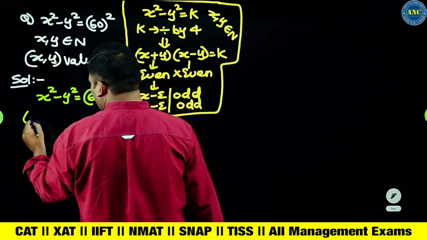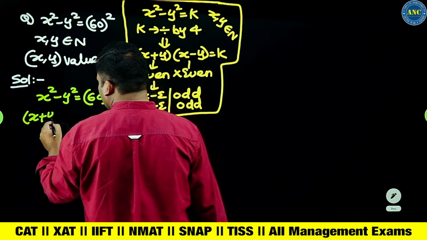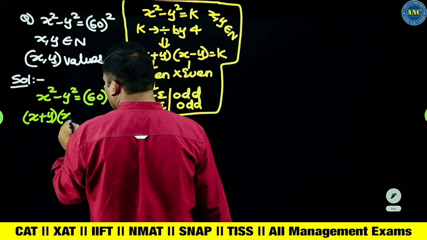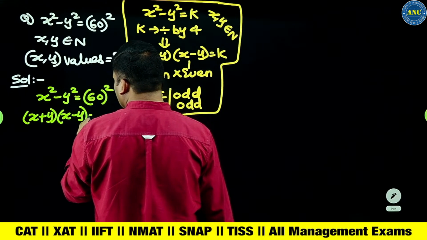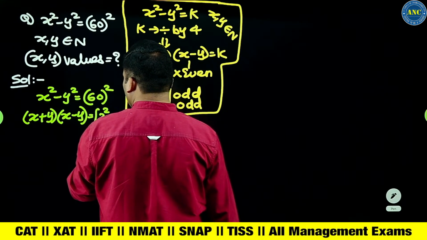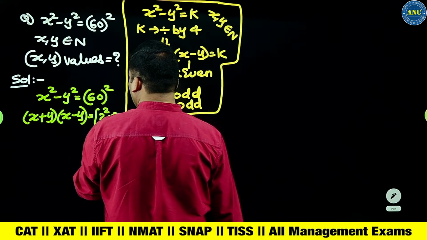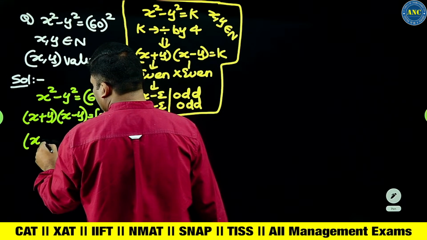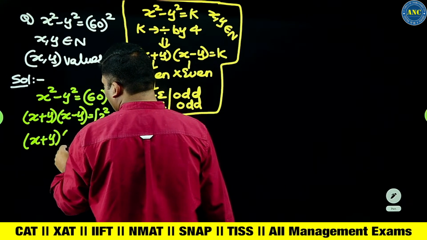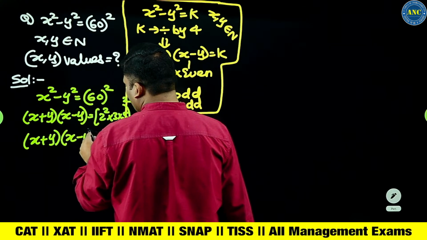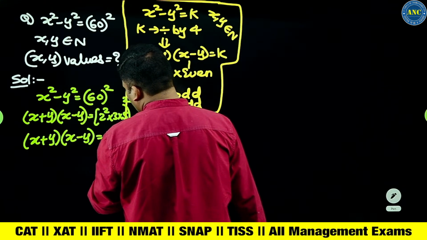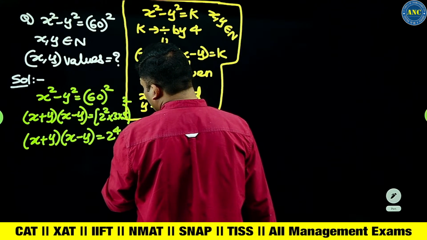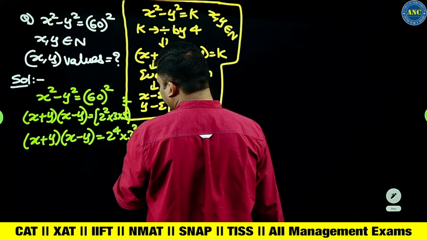x square minus y square is (x plus y) into (x minus y). 60 is 2 square into 3 into 5 whole square. So (x plus y) into (x minus y) is 2 power 4 into 3 square into 5 square.